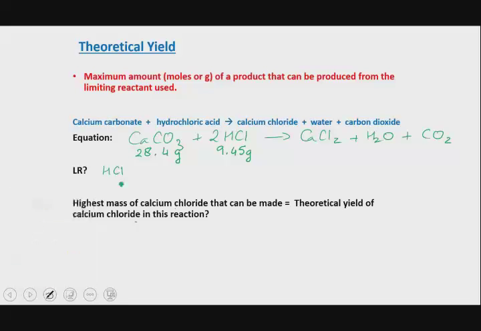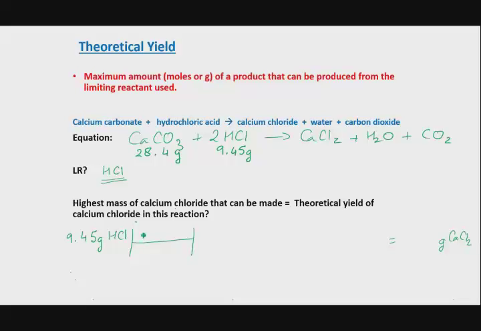Since HCl is the limiting reactant, we really only care about the amount of HCl, because that is the one that will determine the maximum amount of calcium chloride that we can get from this reaction. So basically what we are doing is converting grams of HCl all the way to grams of CaCl2. Please go ahead, pause the recording while you set up this conversion and calculate the answer.